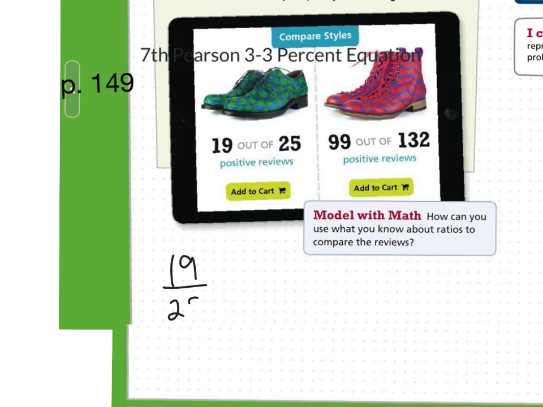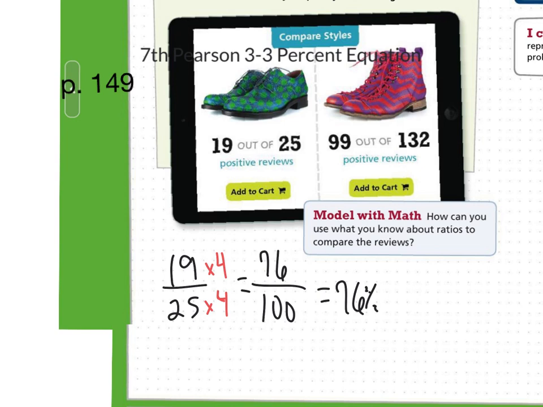One thing we could try to do is get a common denominator to figure out how exactly these compare to each other, like what percent of the people reviewed this positively, which really for the first one wouldn't be too bad if we would just multiply both of those by 4. That would be 76 over 100, which is 76%. So 76% positive reviews for the first pair of shoes.